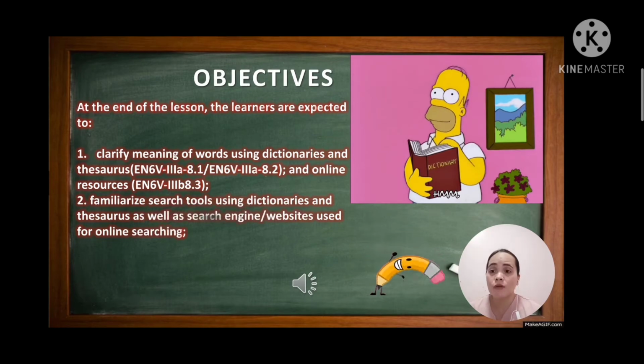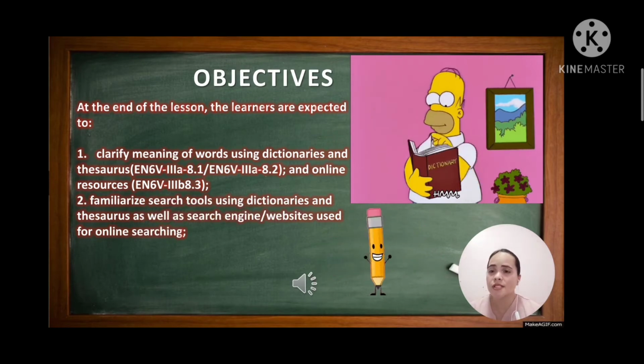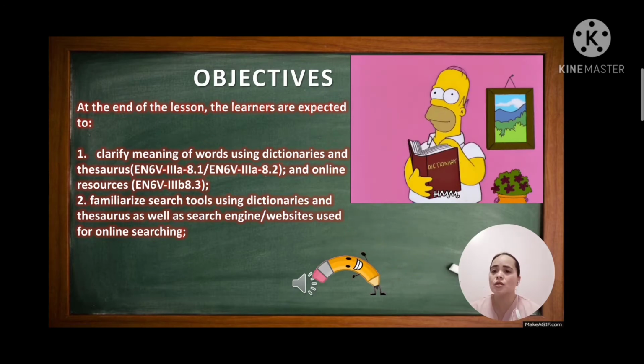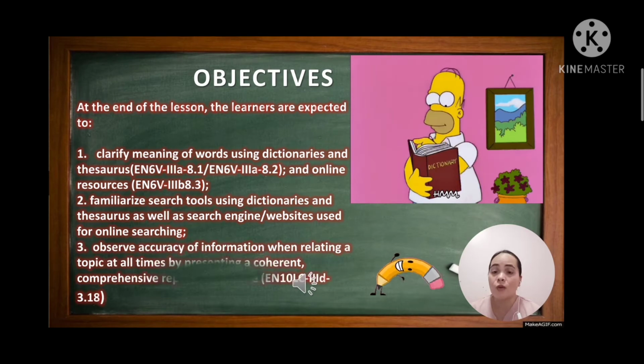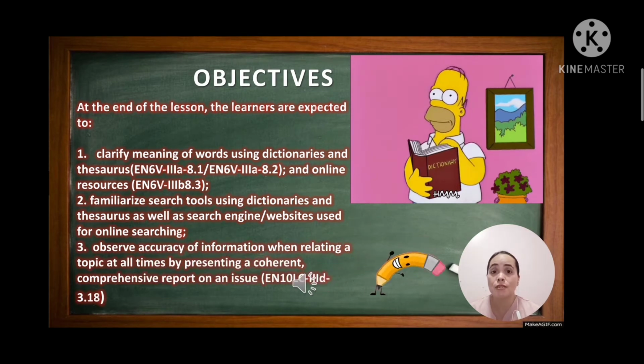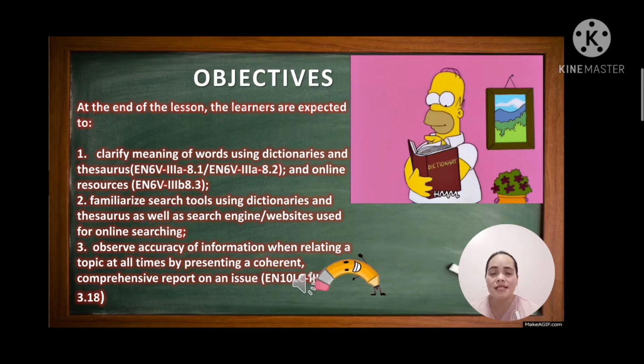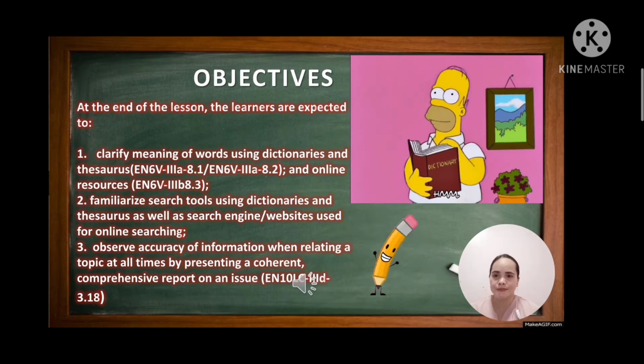Next, familiarize search tools using dictionaries and thesaurus as well as search engines or websites used for online searching. Lastly, observe accuracy of information when relating a topic at all times by presenting a coherent, comprehensive report on an issue.